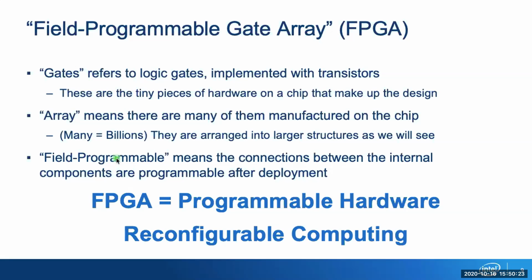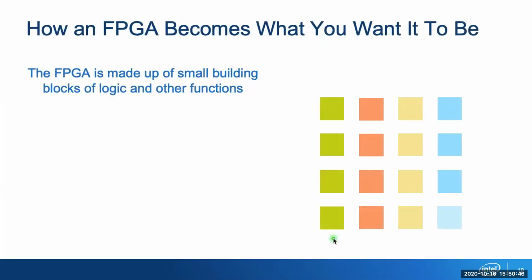Field programmable means that the connection between them and the internal components are programmable after the deployment. So the research area is commonly referred to as reconfigurable computing. Let's see how FPGAs do this.